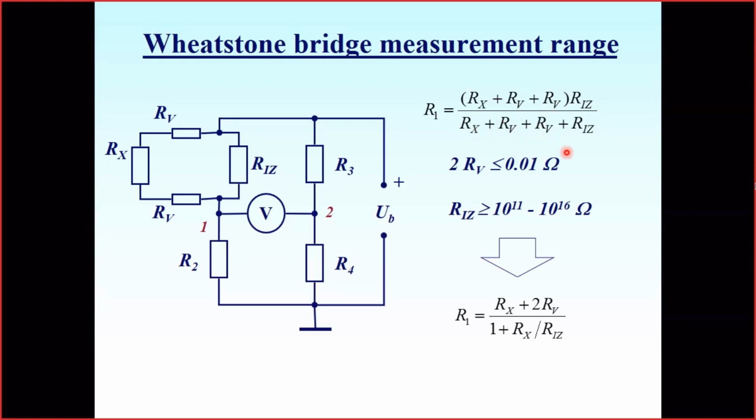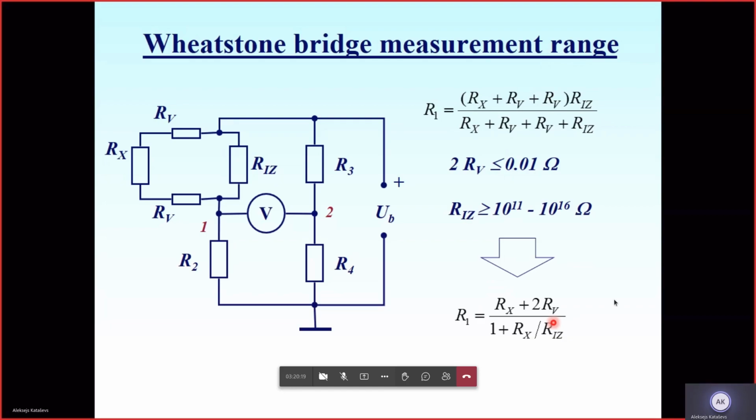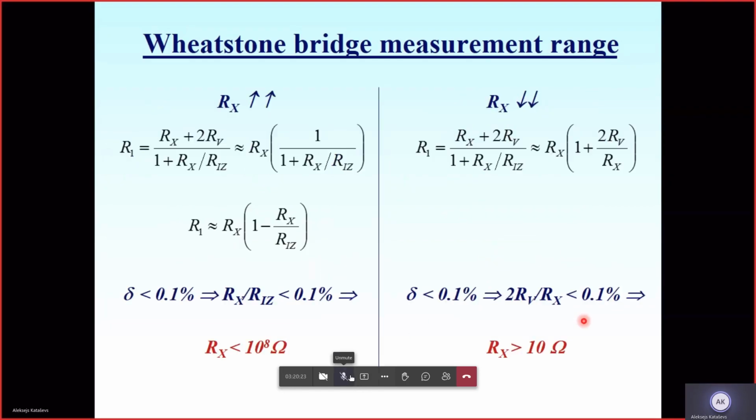I neglect the member Rw divided by R isolation, because it is very, very small. Let's imagine 0.01 divided by 10 to the power of 11. Its value will be of the order of 10 to the power of minus 13. So we just neglect this member.